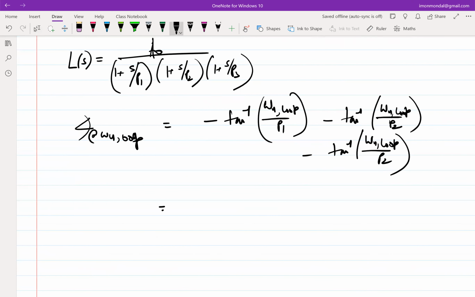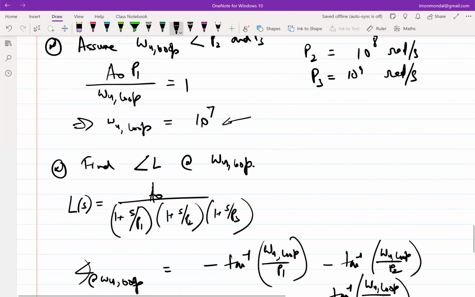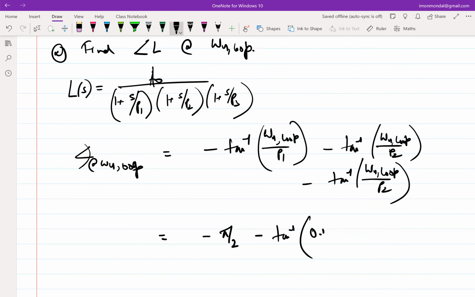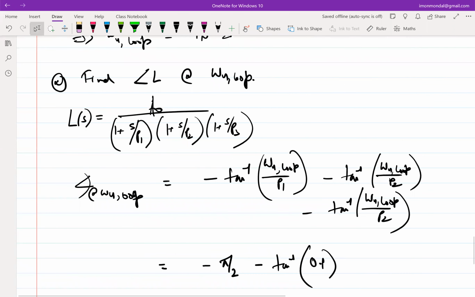Generally for an all-pole stable system that you are looking for, this becomes minus pi by 2 minus tan inverse. What is this ratio? Omega U loop by P2 is how much now? 0.1. That's what we said. And the other one is minus 0.2.